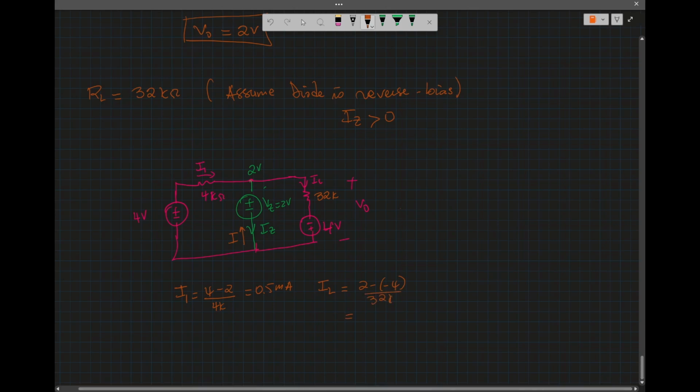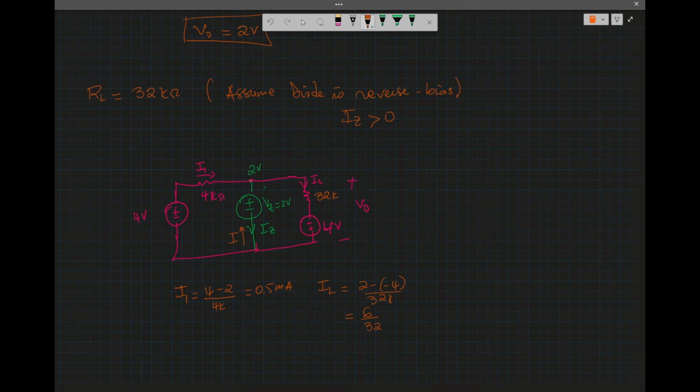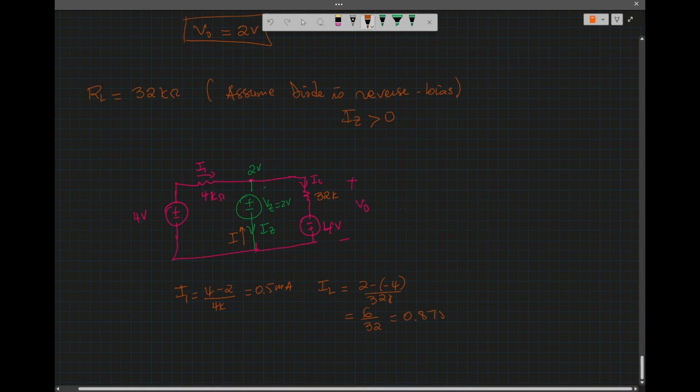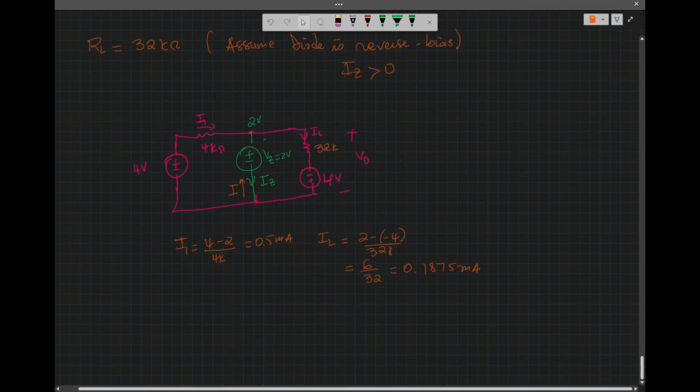Okay, so that's 6 divided by 32. So 6 divided by 32, that gives me 0.1875 milliamp. So IL equal to 0.1875 milliamp.